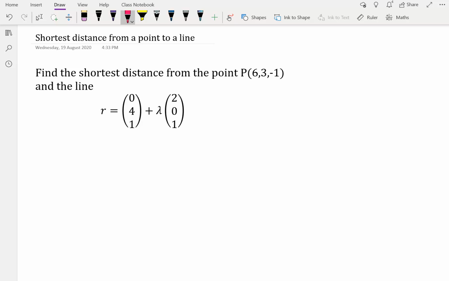So let's make a little diagram of this. First of all, here's our line. I'm going to have a point over here that I'm going to call the point A, the point that we got on the line, (0, 4, 1). That's some arbitrary point on the line. And I'm going to call this vector AM for argument's sake, and this has a direction vector, so I know that AM is the direction vector (2, 0, 1).